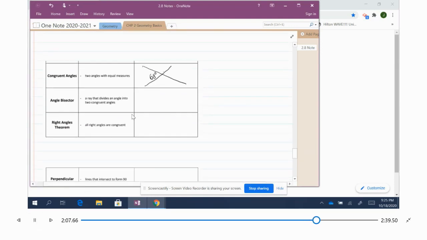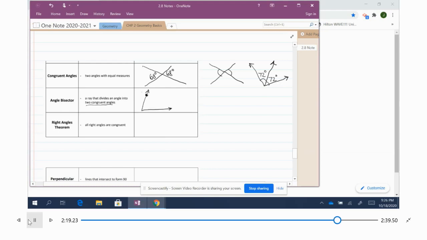A couple more. Congruent angles are going to have the same measure. We're going to throw symbols in there like that. They're going to be arcs, offset a little bit, so I'll show you that. 72 degrees.